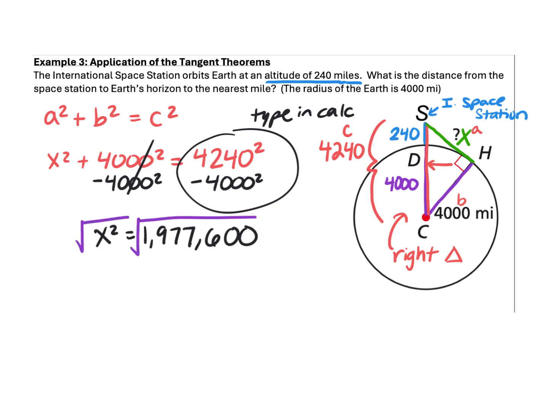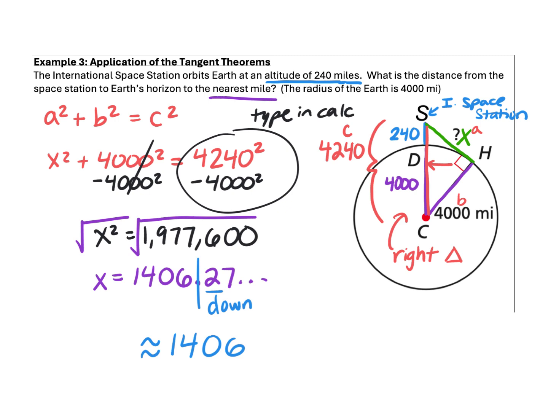And when you stick that into your calculator, you will end up with x equals 1,406.27. We'll round to the nearest mile, which is the nearest whole number. The 2 rounds down, so we're going to say it's about 1,406 miles to the horizon.